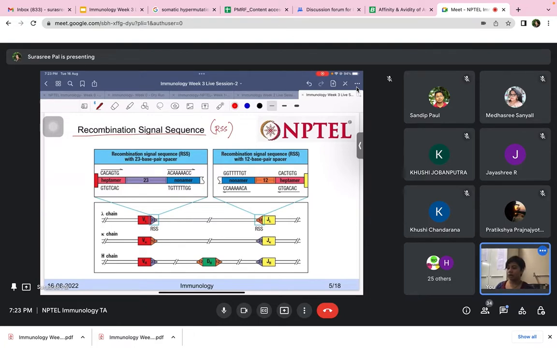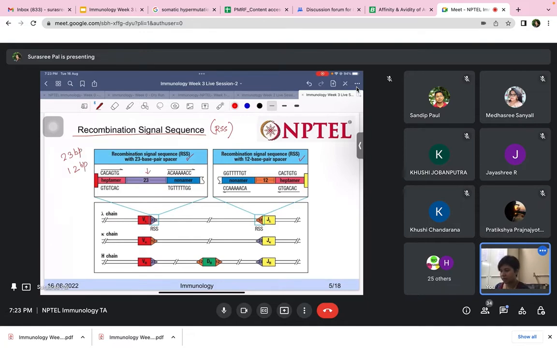So how does it look? There are two types of recombination signal sequences. One is 23, another is 12. What is this 23 and 12? Basically you can see that there is either a 23 base pair region or a 12 base pair region.